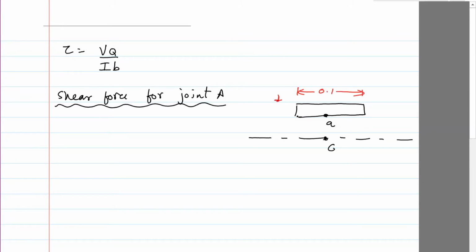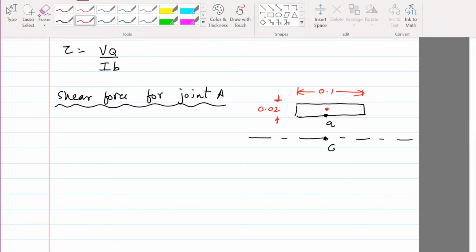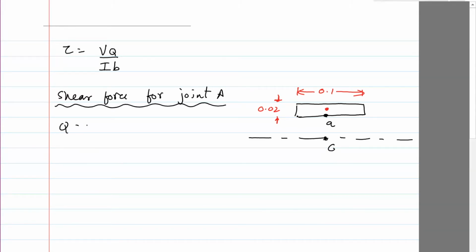The thickness was 0.02, was 20 millimeters. And then I need to find the centroid of this, because when I compute Q, it is the integral of y dA, from y1 to C.